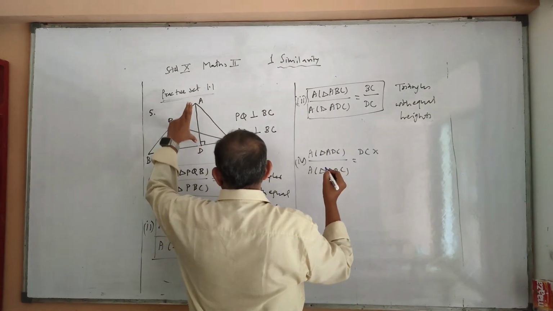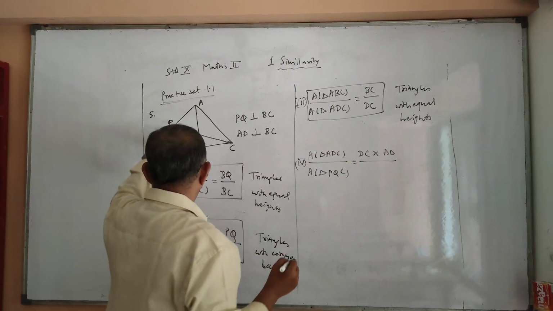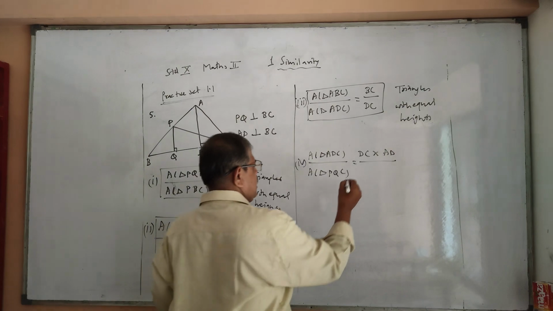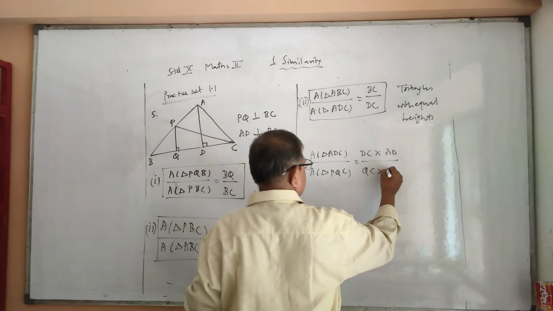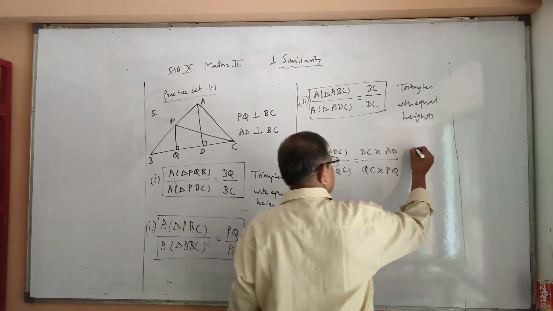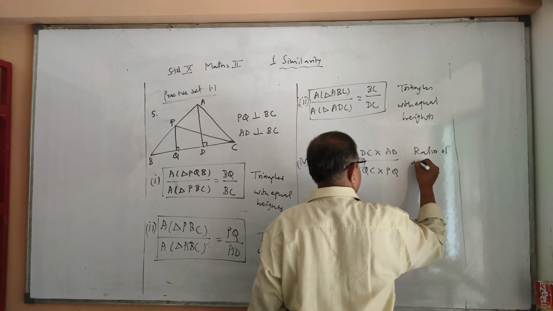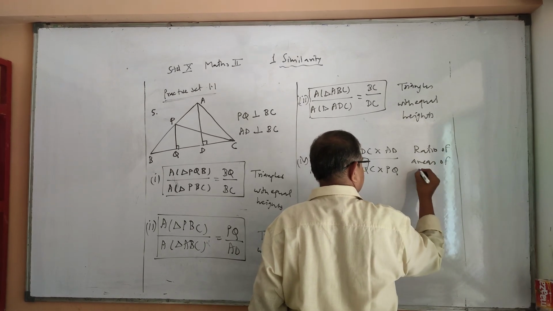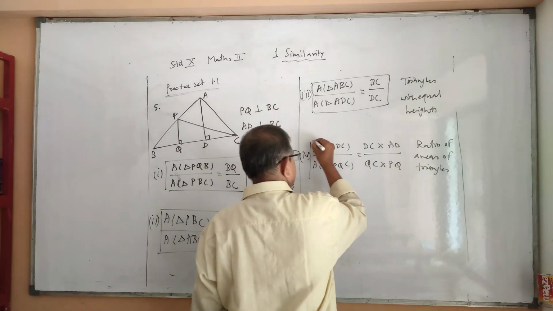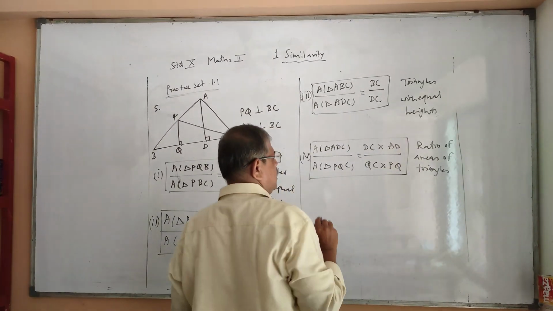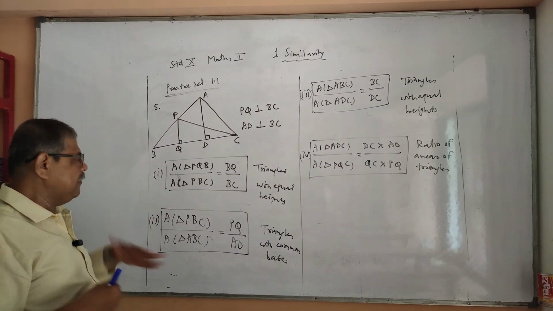DC into height AD, upon, for PQC, base is QC into height, what? PQ. Reason: ratio of areas of triangles. And so we get this is the answer. So it is very simple. Your observation is required, and we can easily find out.